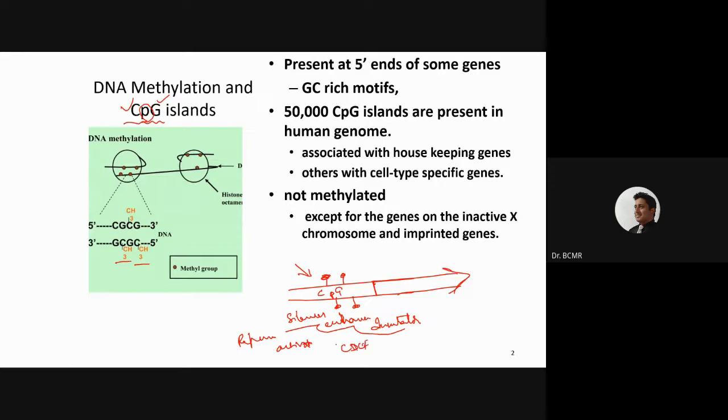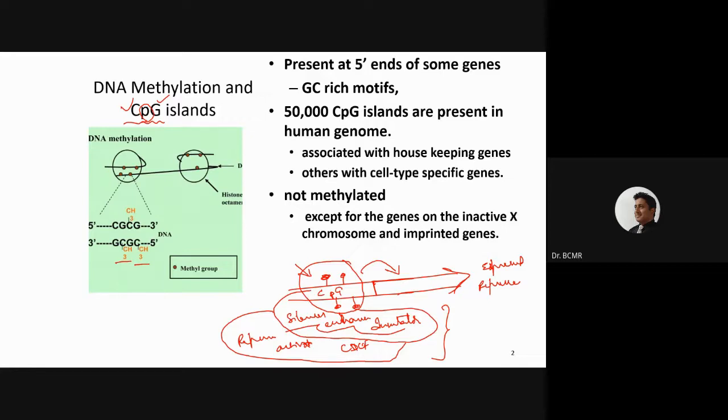So what happens to the gene, whether it is expressed or repressed, will depend on multiple things: the methylation state, the type of regulatory region it is, and what type of protein it binds. These two are actually the same thing. The terminology depends on the outcomes of the gene expression.